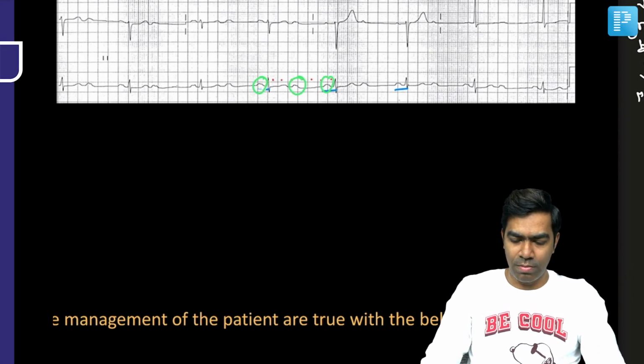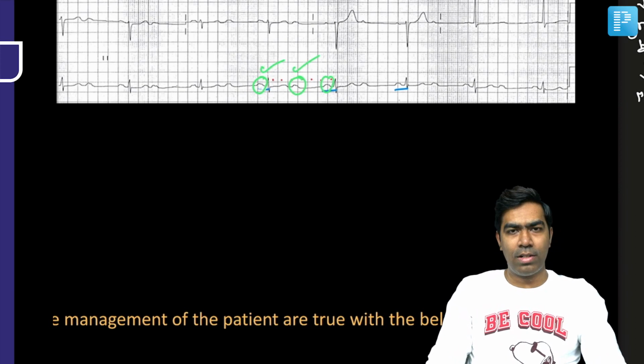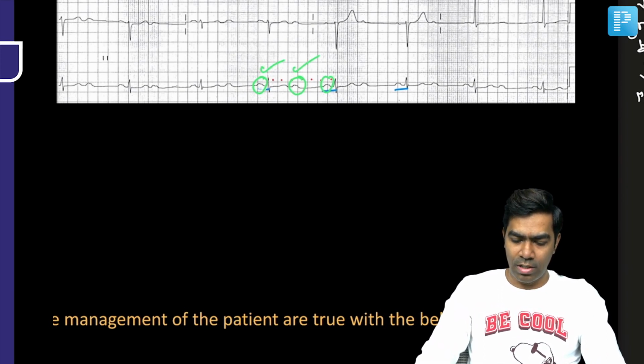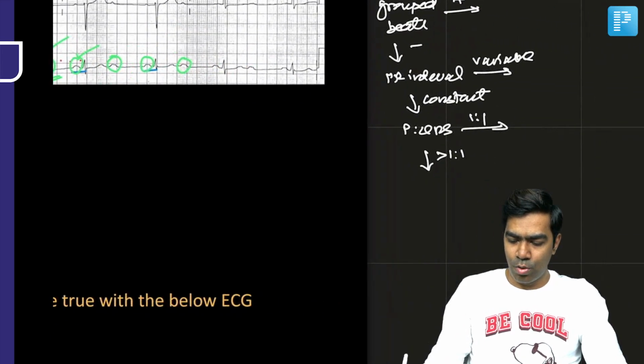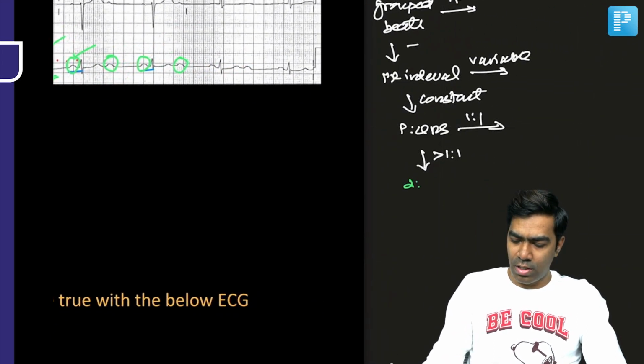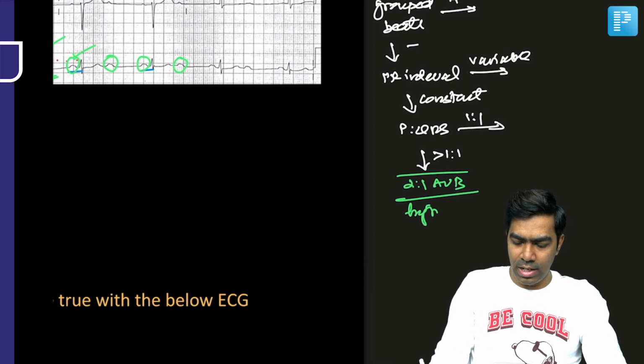Another P wave is not conducted. Again, you have 2 P waves, only one is conducted. So definitely the P to QRS ratio is more than 1:1. That confirms a 2:1 AV block. Or if it's going to be more than that, it will be called a high grade AV block as well.